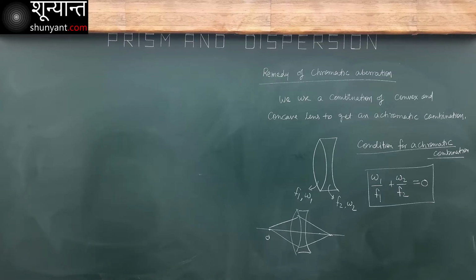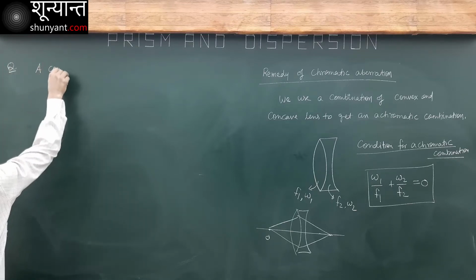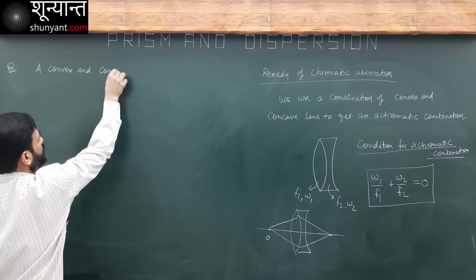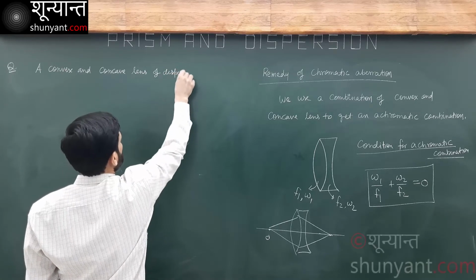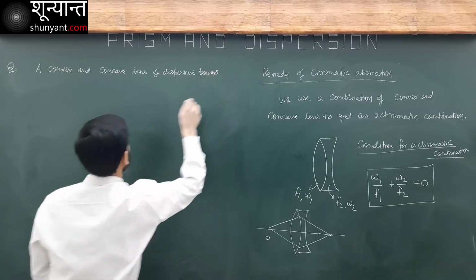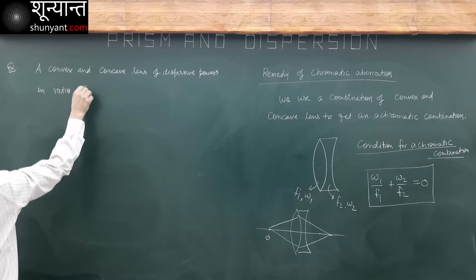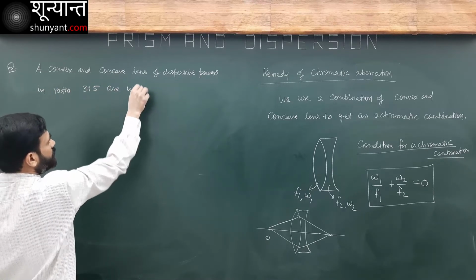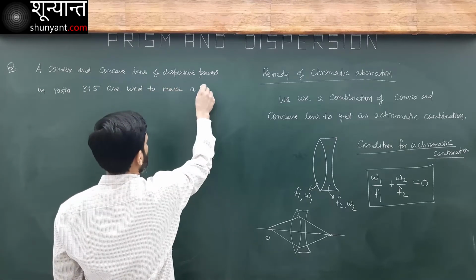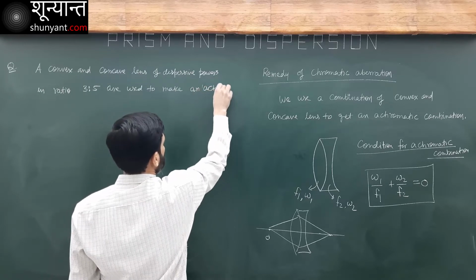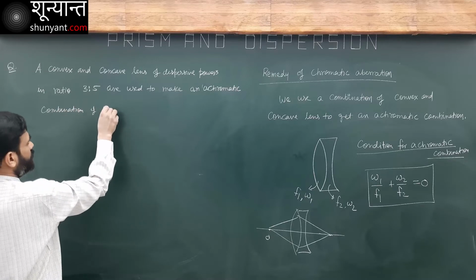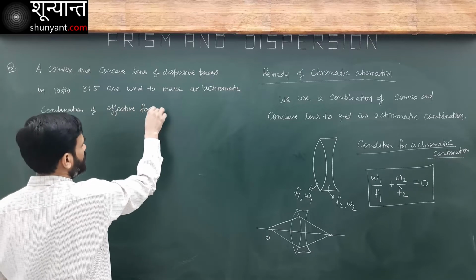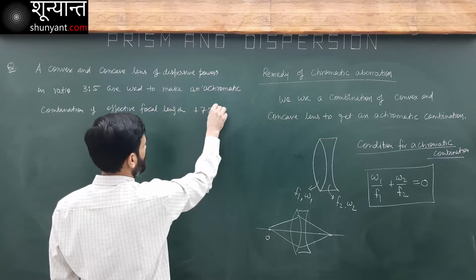Let's do one problem. A convex and a concave lens of dispersive powers in ratio 3:5 are used to make an achromatic combination of effective focal length plus 75 centimeter.